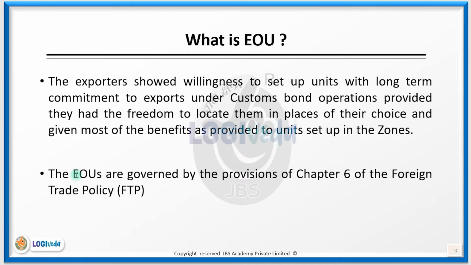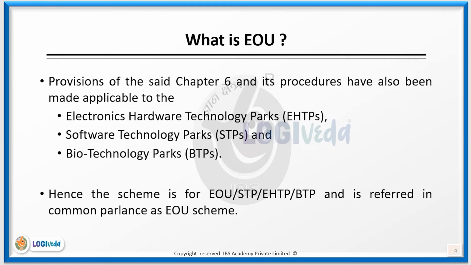EOUs are governed by the provisions of Chapter 6 in the Foreign Trade Policy. The procedure can be applicable if you have an Electronic Hardware Technology Park, Software Technology Park, or Biotechnology Park. Hence, this scheme is for EOU, STP, EHTP, and BTP, and it is commonly referred to as the EOU scheme.